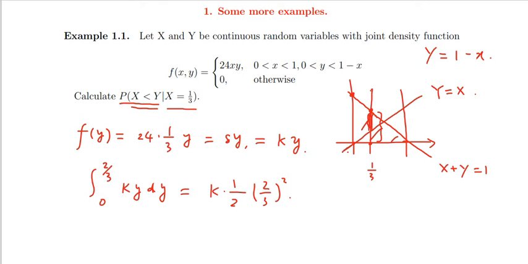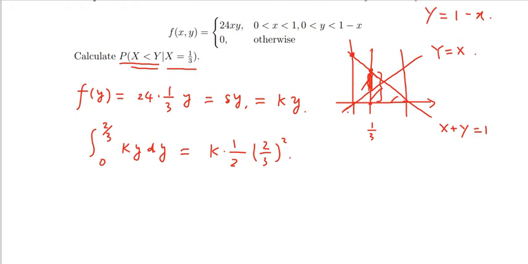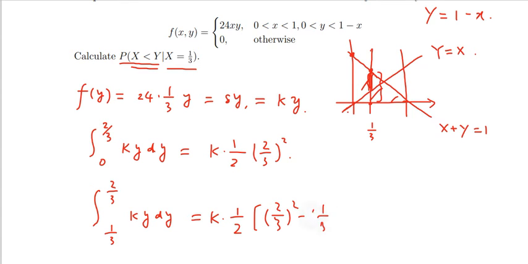When y is larger than x, y is from 1 over 3 to 2 over 3, so this equals k times half times 2 over 3 squared minus 1 over 3 squared.